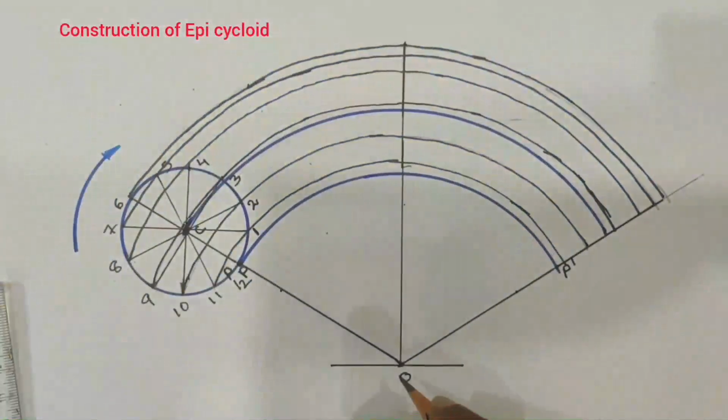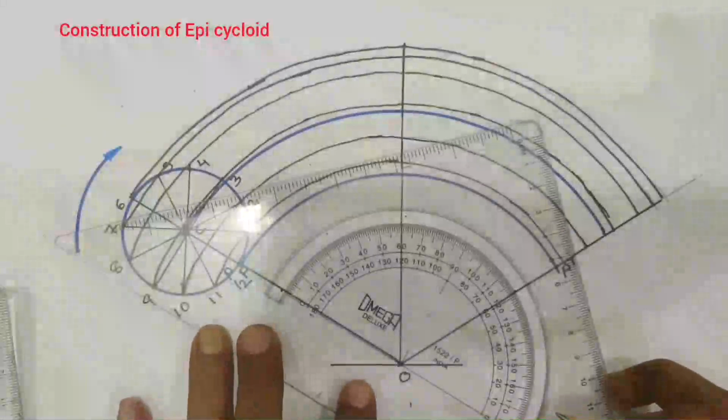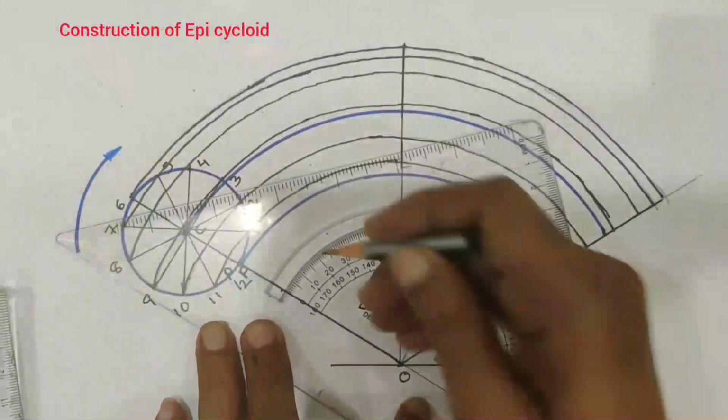Now divide angle OPP dash into 12 equal divisions. Angle OPP dash is 120 degrees, so 120 degrees to be divided into 12 parts.